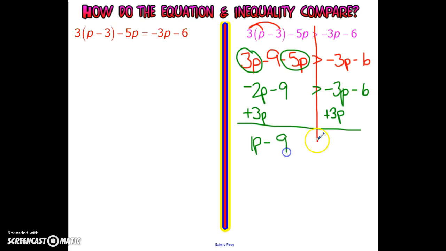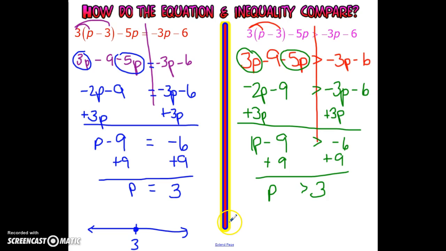So I end up with 1p minus 9 greater than negative 6, plus 9, plus 9. I don't have to write that 1, so I just have p is greater than 3. So at this point, I'm going to pause my video and fill in the steps for the equation, so if you're not ready to see that, then you should pause with me.